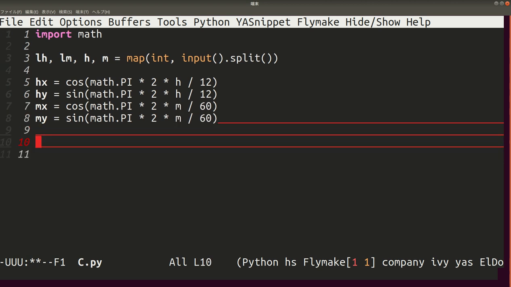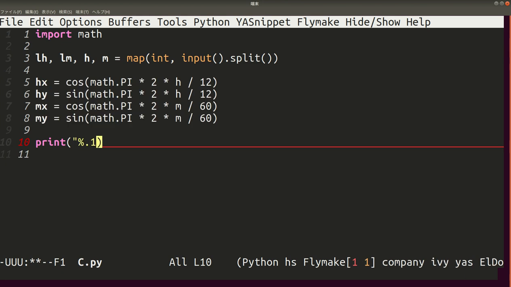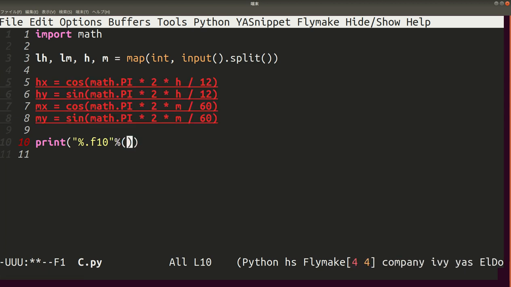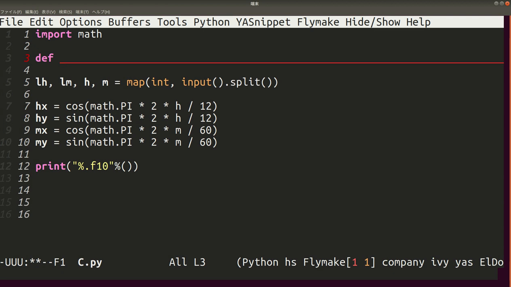And just print the distance. Since the distance is done by square root, let's make a distance function. Maybe there is one in math, but I don't know the name.